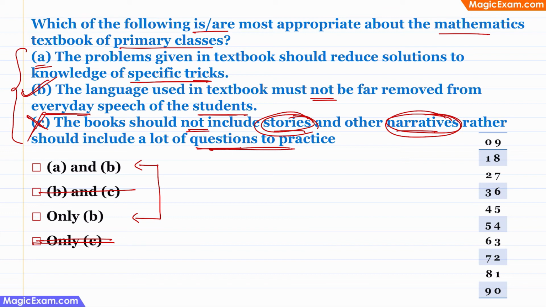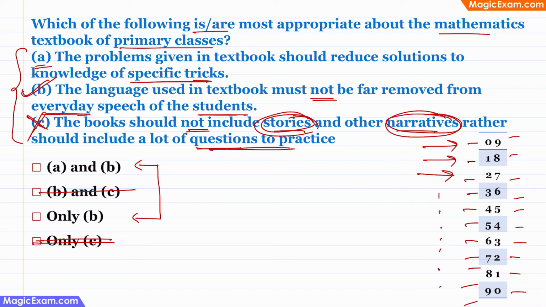To write 9 table, all you have to do is write 0, 1, 2, 3, 4, 5, 6, 7, 8, 9 and on the other side just write 0, 1, 2, 3, 4, 5, 6, 7, 8, 9 and you can see that 9 ones are 9, 9 twos are 18, 9 threes are 27. Like that you can write the 9 multiplication table. Now that is a trick that I am giving you to remember 9 multiplication table. So if I tell you this, you will be able to do 9 multiplication table perfectly.